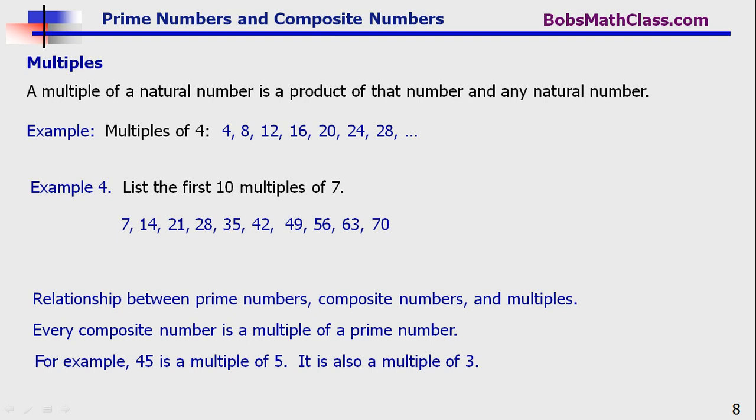All the multiples after it are all composite, and they're multiples of the prime number. So for example, I put 45 as a multiple of 5. It could also be a multiple of another number. It's also a multiple of 3. So that's just a relationship between prime numbers, composite numbers, and multiples.